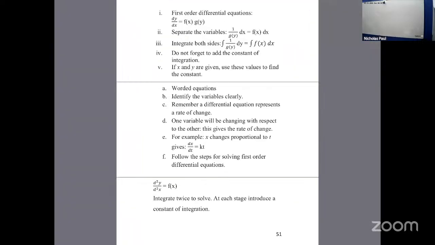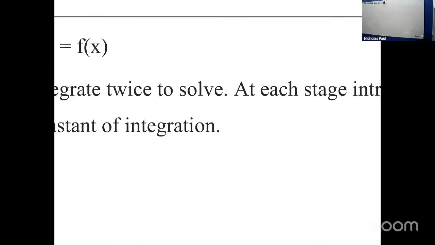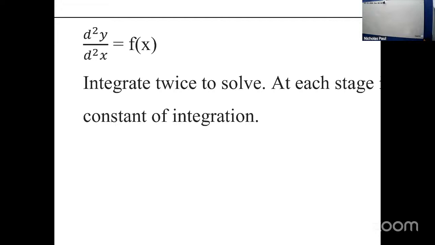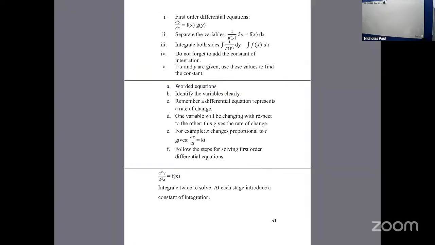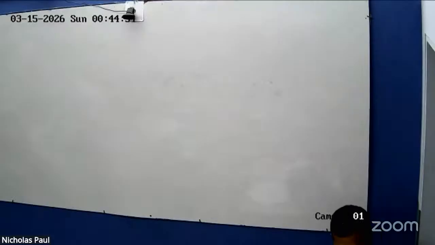And we'll do a couple of problems. Suppose you have d2y dx squared, you have to integrate twice. And you're going to get two constants, right? All right. So that's the application. Let's do a few.